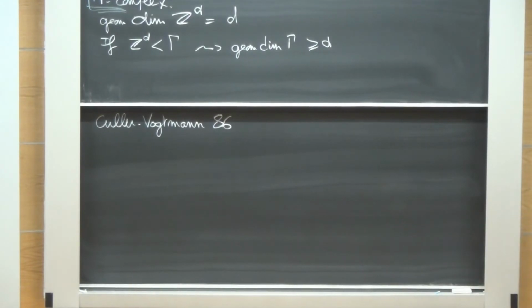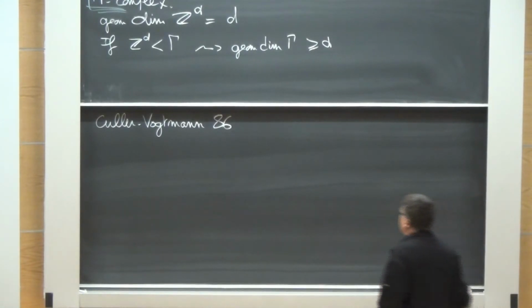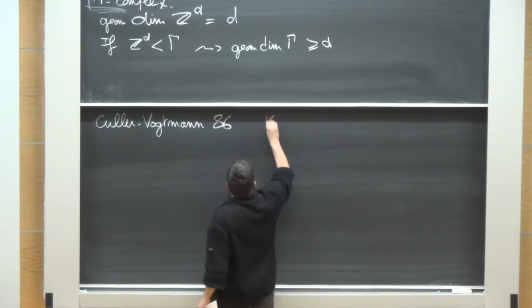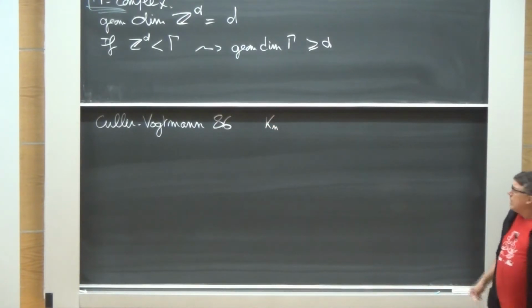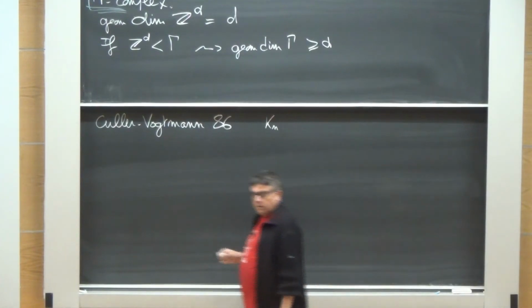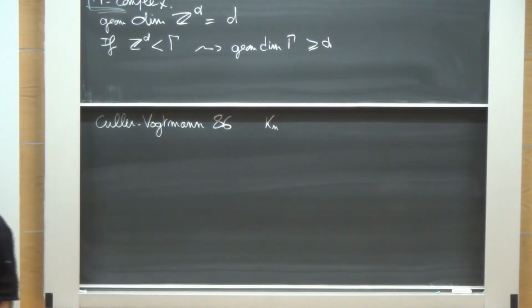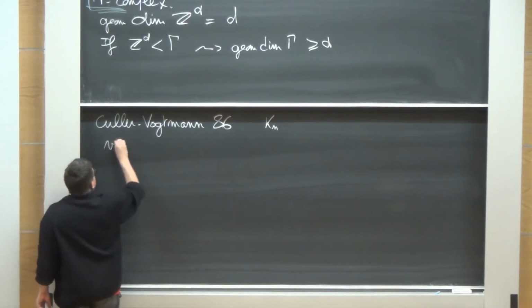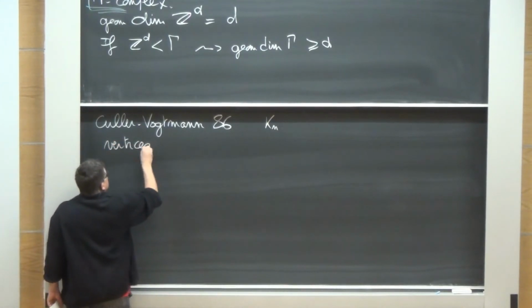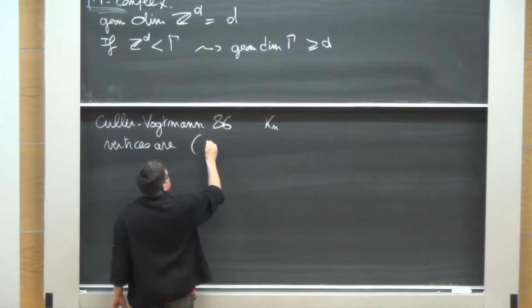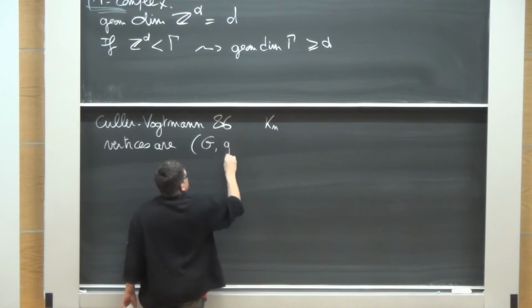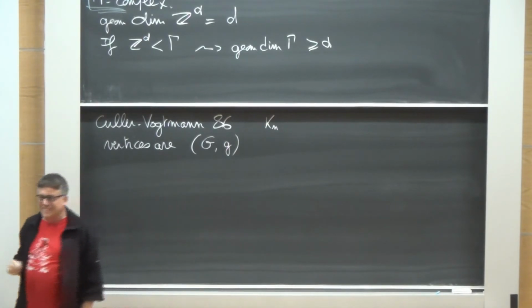And you take the spine of it. It is a space K_n, a simplicial complex. The vertices are pairs (G, g).